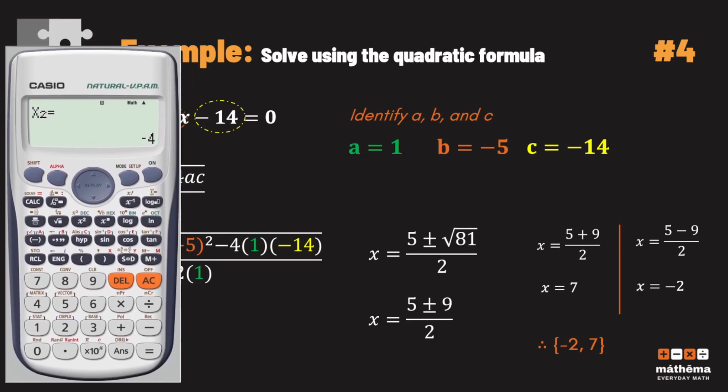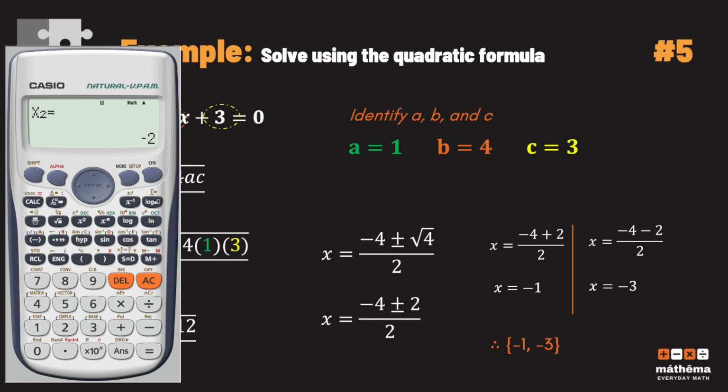So we'll try to input that one in our calculator. So we have A is 1 equals, B is a -5 equals, C is a -14 equals, and then click on equals to show the results. So we have x sub 1 is 7 and then x sub 2 is -2.